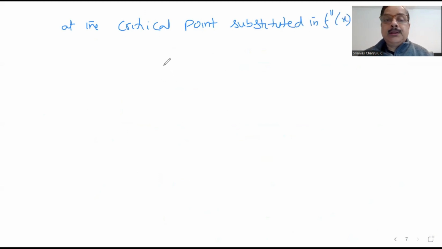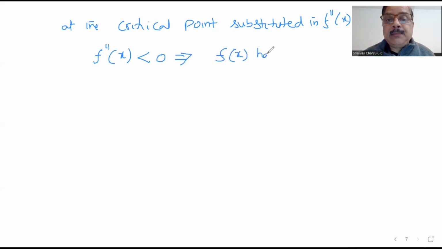Okay. Once the sign decides whether the function is having maxima or minima, then that particular value you can put in the function to get the maximum value or minimum value. So here I'm writing f double dash x less than 0. It will decide that f of x has maxima and f of x has maximum value.